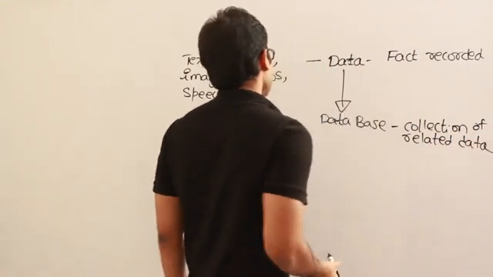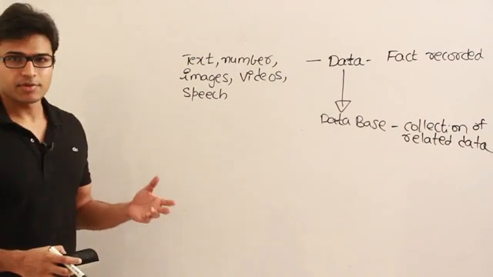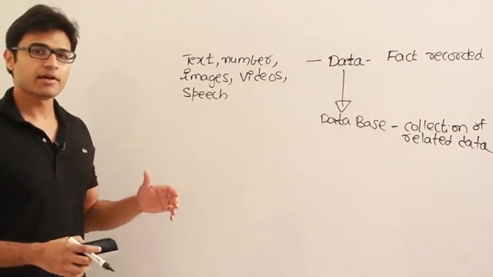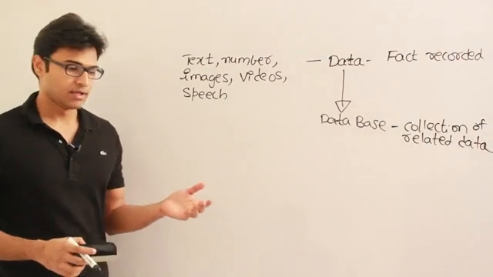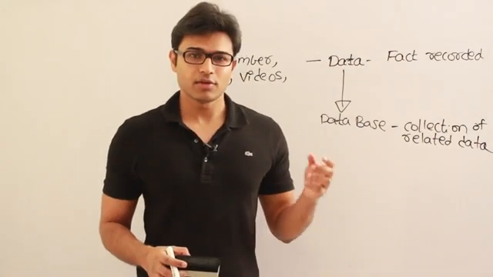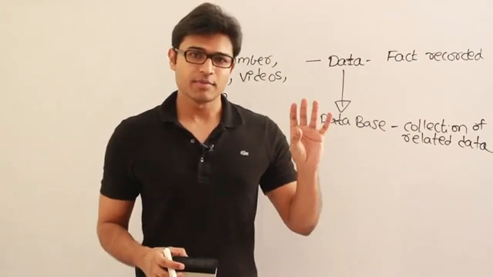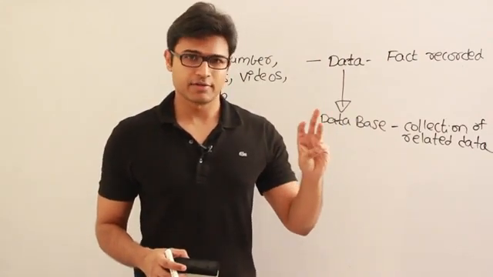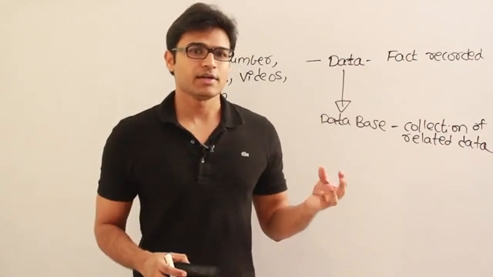Traditionally, databases have been applied only to data which are either text or numbers. For example, if you want to store something about a student, you are going to store the name, which is text, and maybe his age, his marks, and his address. All these are going to be text and numbers.